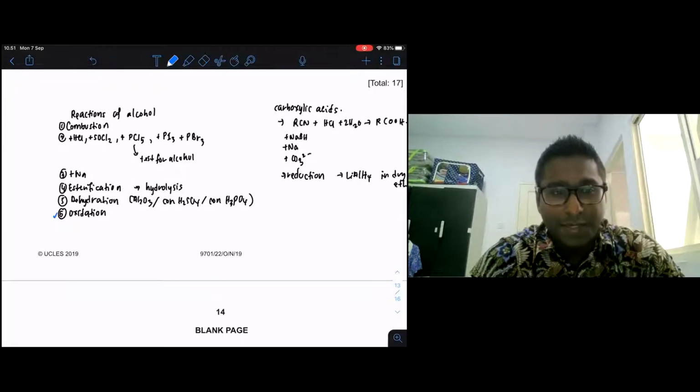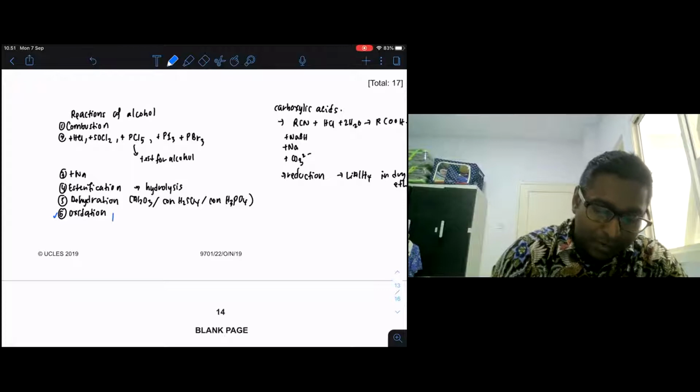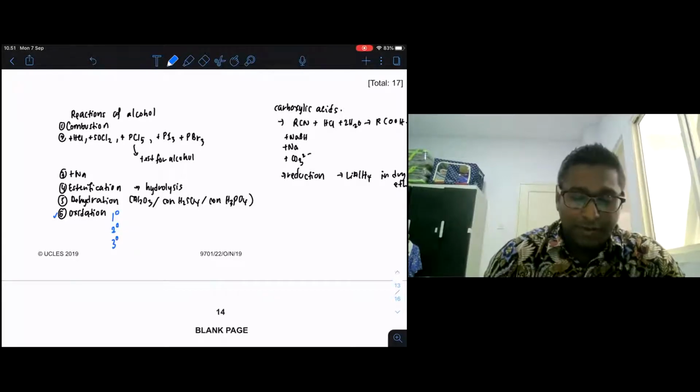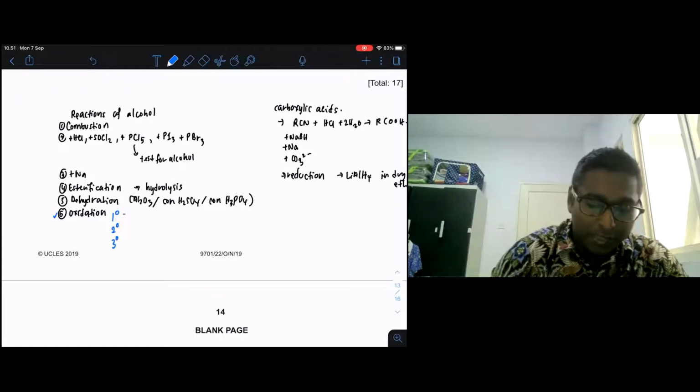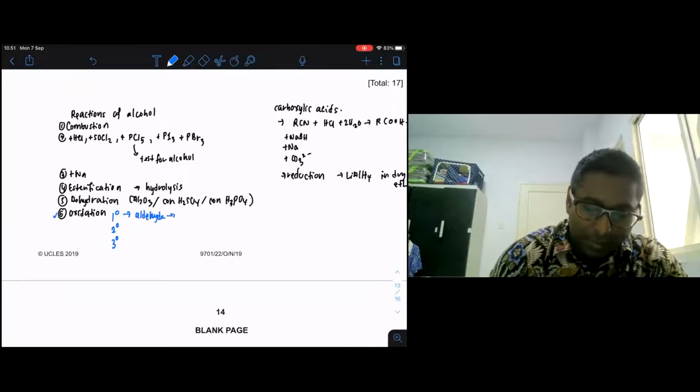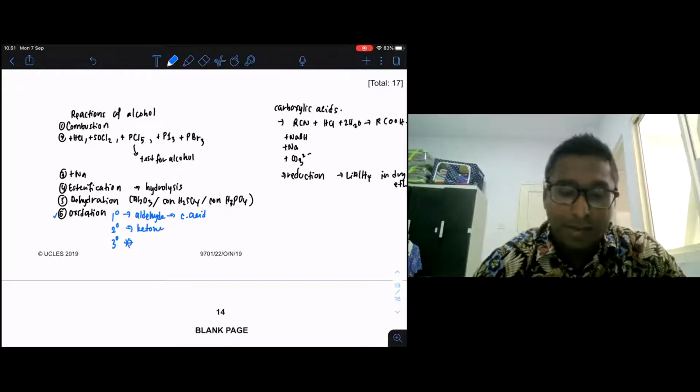Under oxidation, alcohol can be oxidized depending on what type of alcohol we are talking about. If it is a primary alcohol, it will be oxidized to become aldehyde, and further oxidized to become carboxylic acid. Secondary alcohols will be oxidized to become ketone, but tertiary cannot be oxidized. Please remember this.